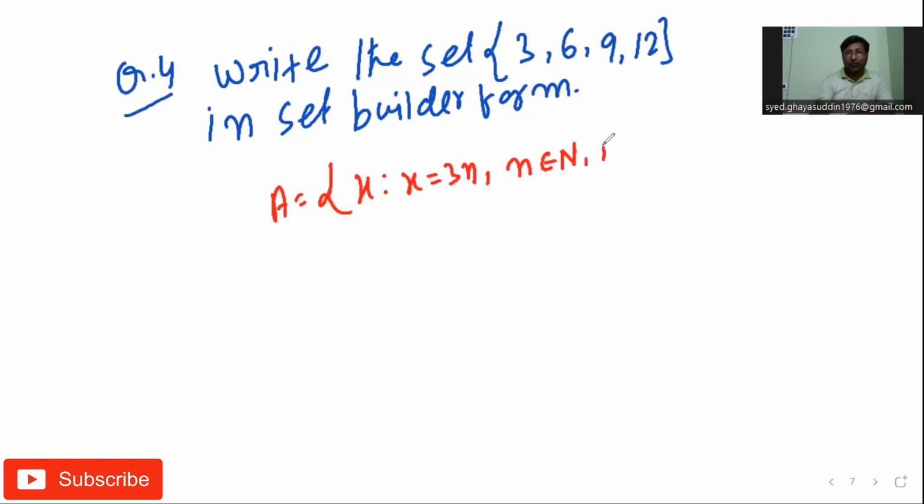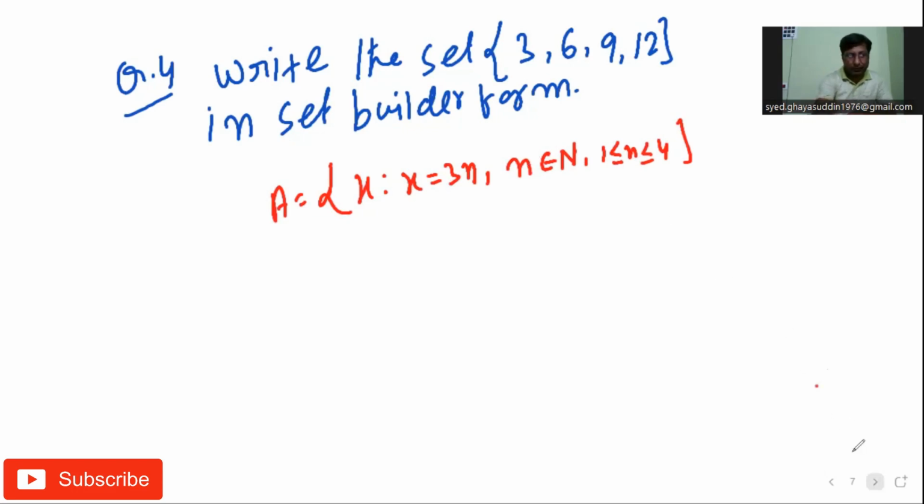So this is 1 ≤ n ≤ 4. Suppose n is 1, so x is 3. n is 2, so x is 6. n is 3, then x is 9. n is 4, then x is 12. So this is a set builder form.